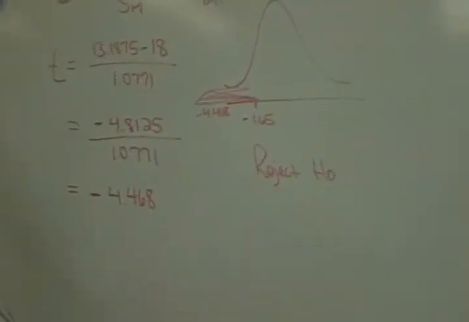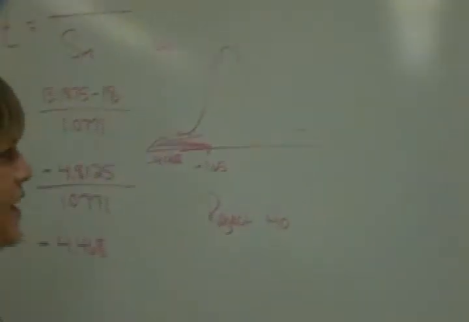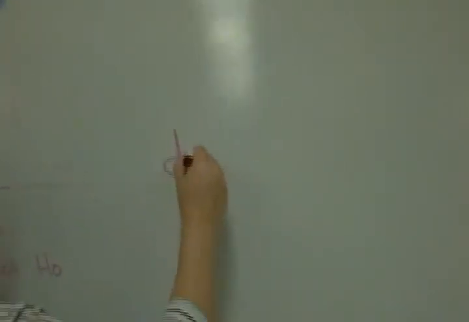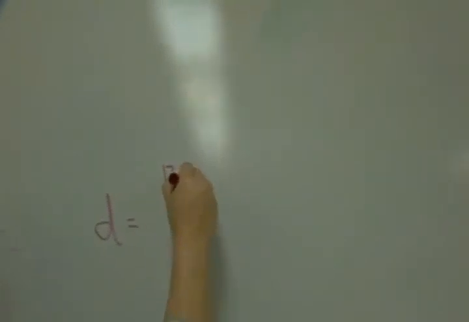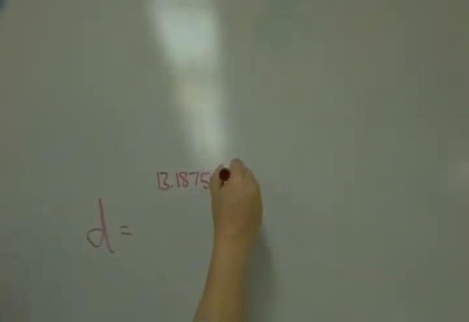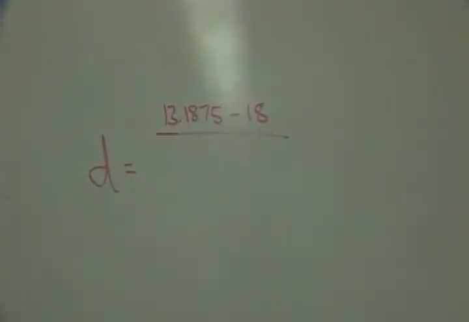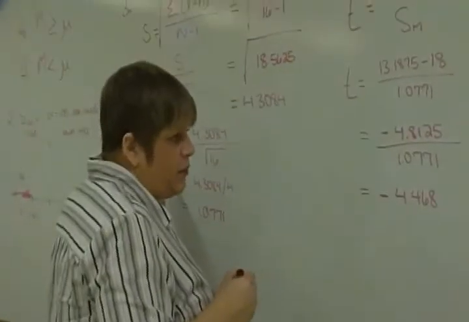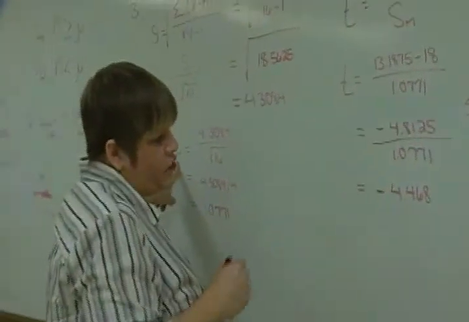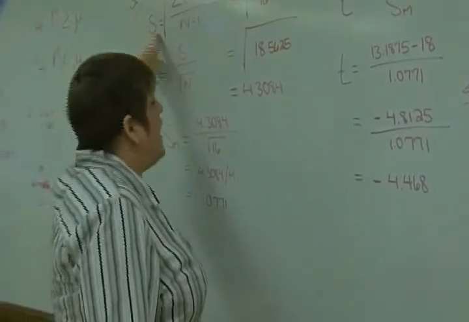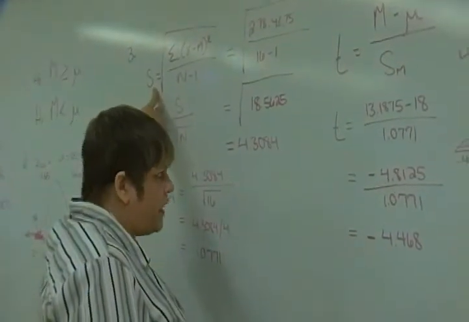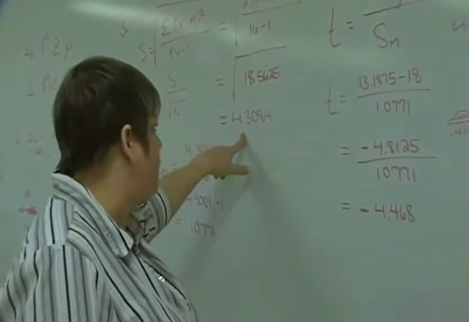Again, though, n is a part of this formula. And because of that, I have to calculate my d effect size, which is going to be the mean for my sample minus the mean for my population divided by my unbiased estimate of sigma, which is not S sub M, the unbiased estimate of the standard error of the mean, but it is just S, the unbiased estimate of sigma, which we calculated to be 4.3084.